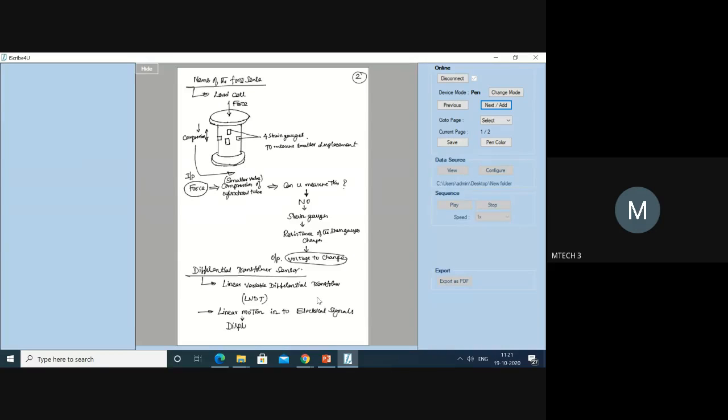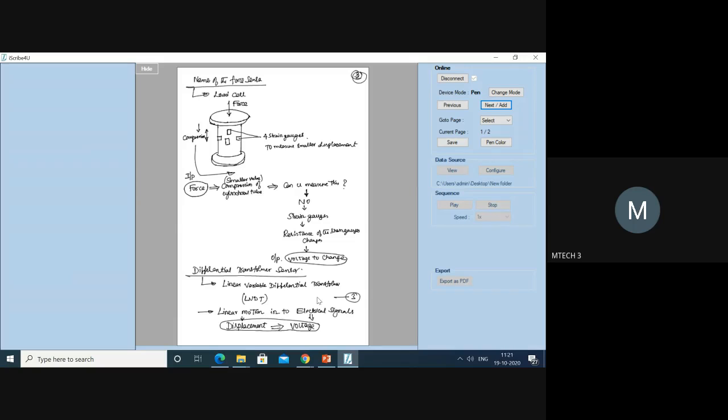Displacement is converted to an electrical signal, which is the voltage. Remember, what you are going to measure is the voltage. The voltage is a measure of the displacement.